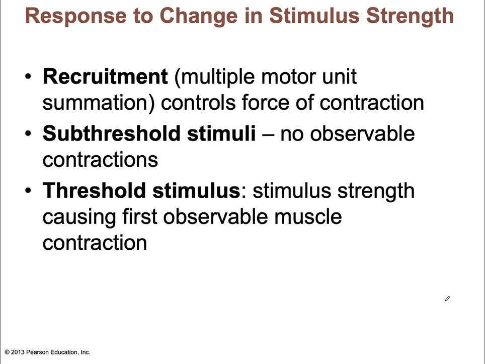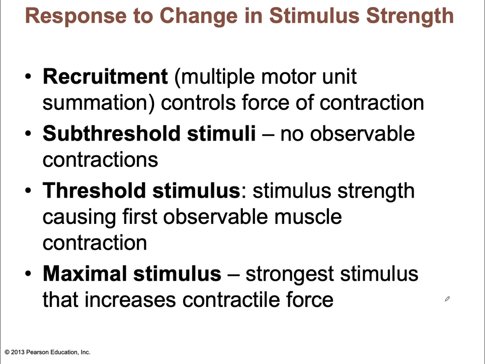The other way that we can produce more power is through recruitment, where we get more motor units to participate in the activity. That generates more power because we got more motor units acting at the same time, and that allows us to move a greater load. Okay.